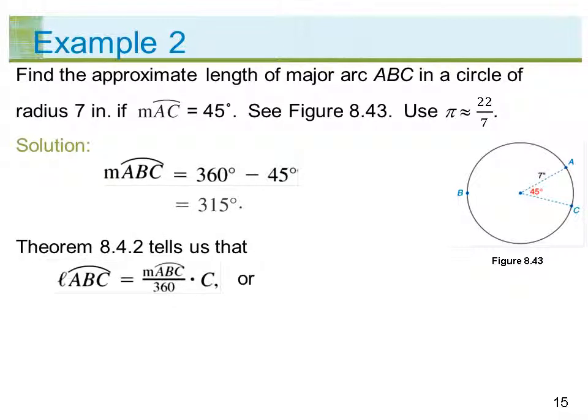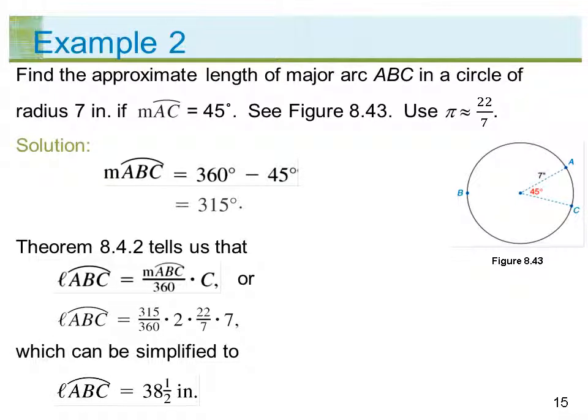Theorem 8.4.2 tells us that the length of arc ABC equals the measure of arc ABC divided by 360 times the circumference, or length ABC equals 315 divided by 360 times 2 times 22 divided by 7 times 7, which can be simplified to length of arc ABC equals 38.5 inches.